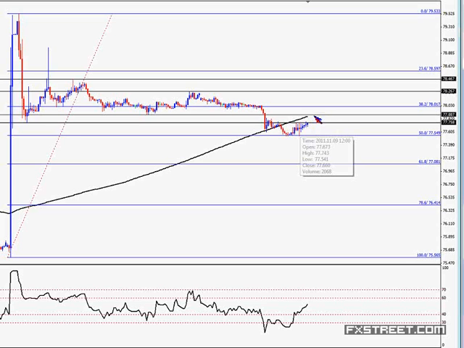Okay, so I would say this might be an area to look for resistance, the previous support levels. Maybe back to 78. Right now we're at 77.75.